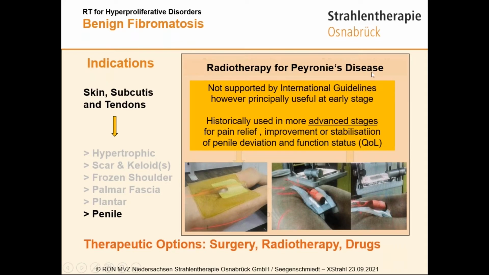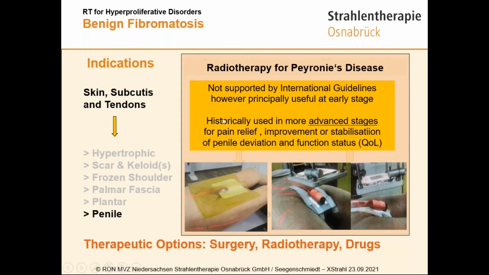Radiotherapy for Peyronie's disease is currently not supported by international guidelines. However, it is principally useful at an early stage, when there is no functional deficiency and the pathologic process is driven by proliferating fibroblasts and myofibroblasts.